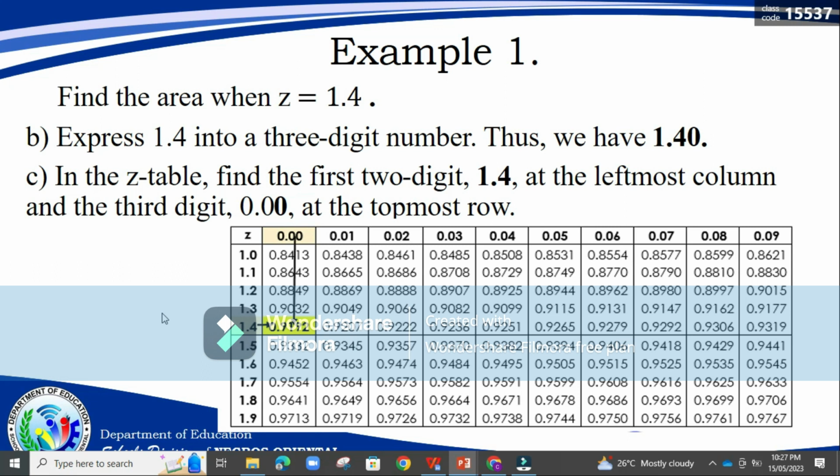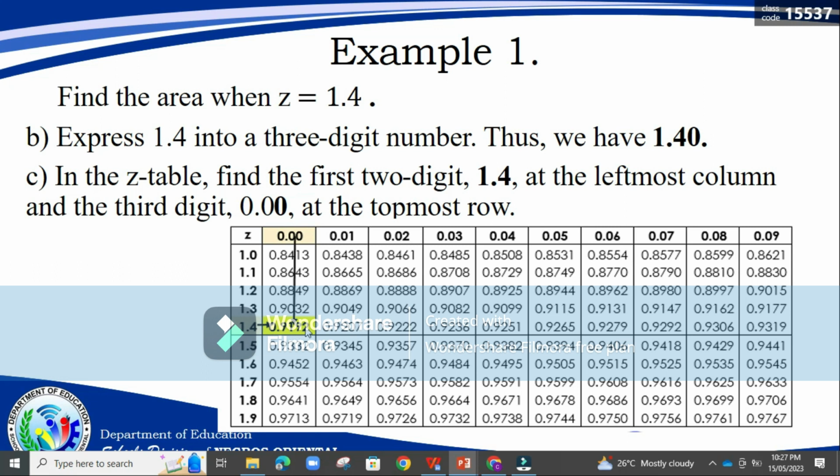So 1.4 at the leftmost column, we are going to locate. It's here, 1.4. Since after 1.4 is 0, we use 0.00. Meaning, 1.4 added to 0.00 is the same as 1.4.